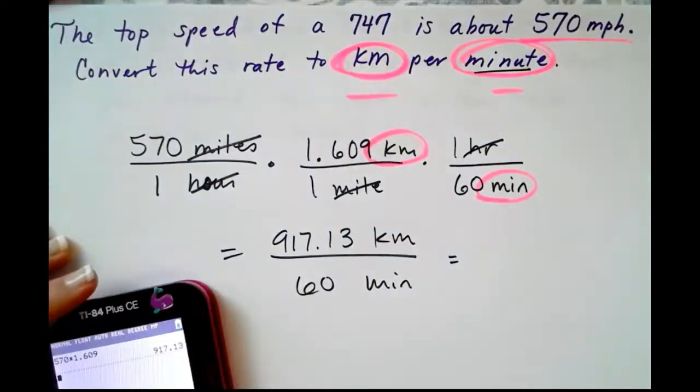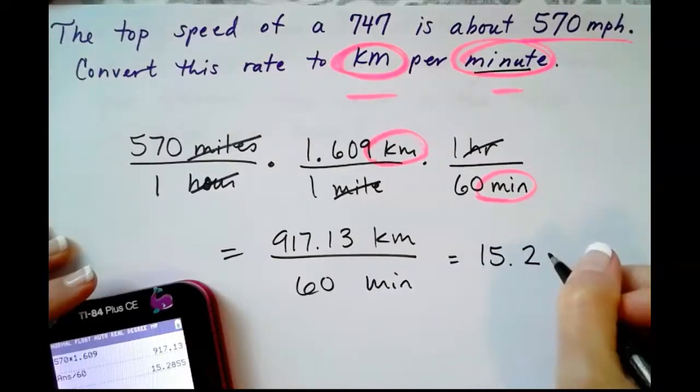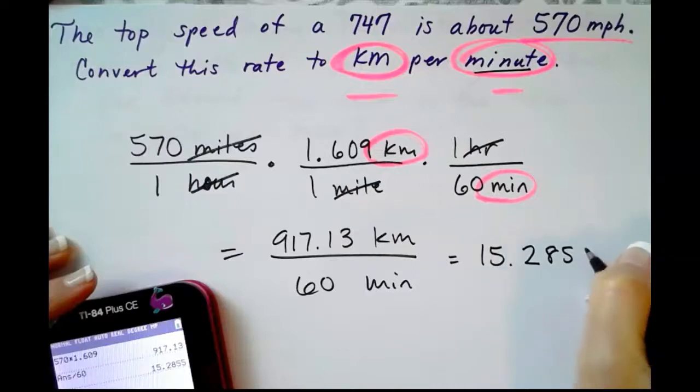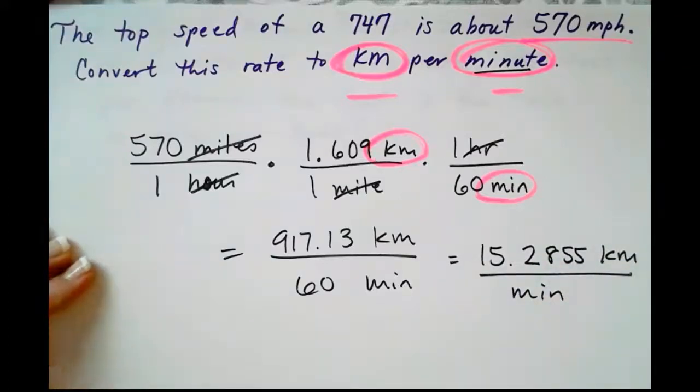So 917.13 divided by 60 is 15.2855 kilometers every minute. That's pretty fast. That's a pretty fast plane. That's why we can fly across the country in about 6 hours.